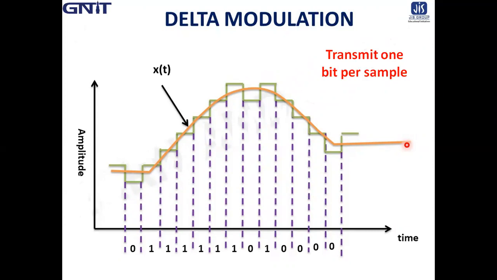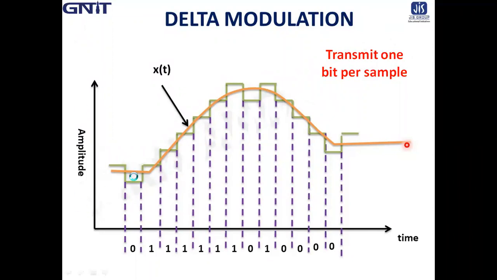Here, the present sample value is compared with the previous sample value. If the present sample value is higher than the previous sample value, then binary 1 is transmitted, and if the present sample value is lower than the previous sample value, then binary 0 is transmitted.